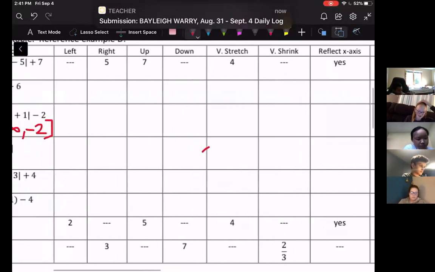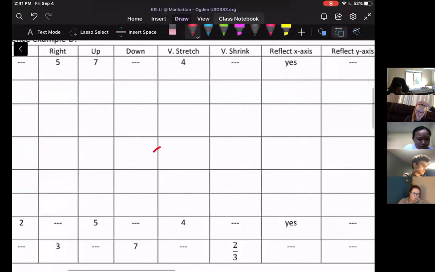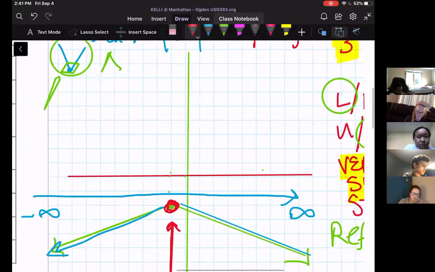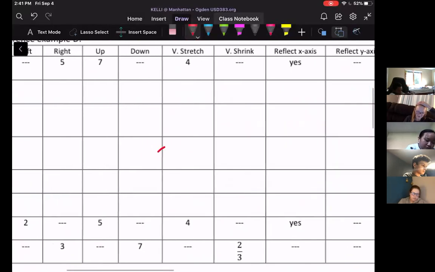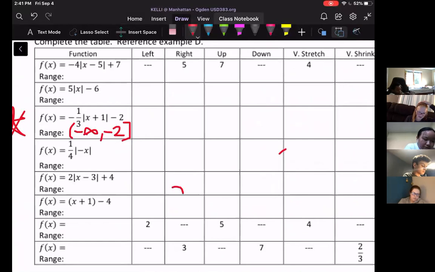The other things that you need in this for this first one here, we said it went what? Left. What do we have? Left 1, down 2. So when you go to enter this into Canvas, you'll put left 1, down 2.